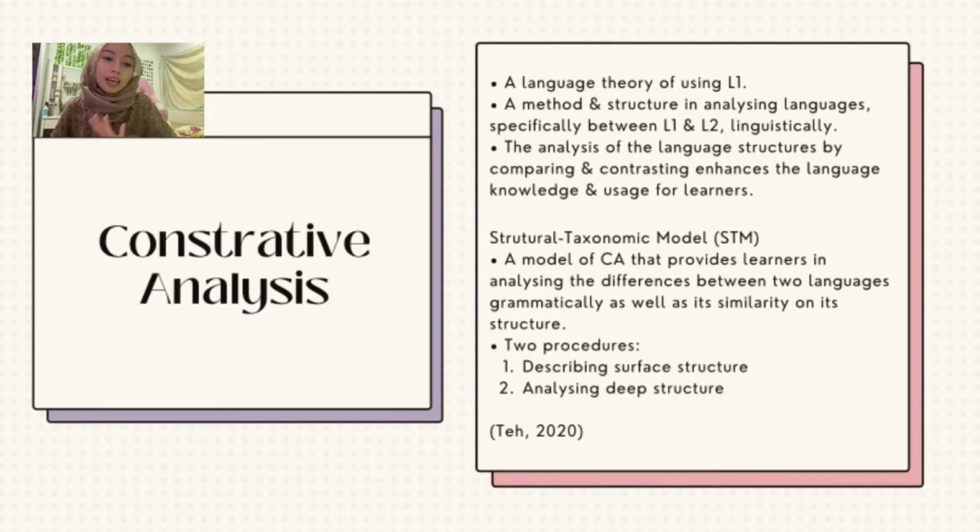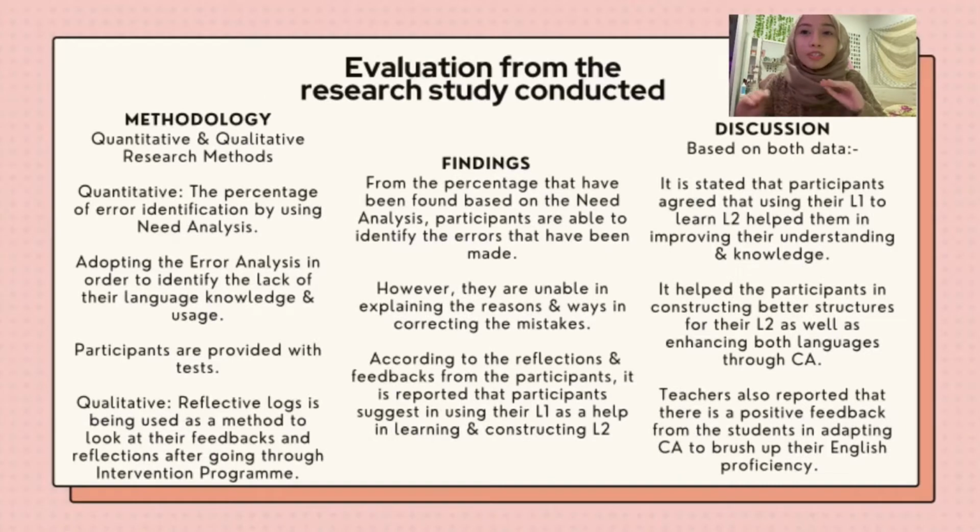Now I'm going to talk about the evaluation from the research study that has been conducted based on the article. The first part, I'm going to talk about the methodology that has been used. There are two research methods that have been used for this research study, which are quantitative and also qualitative research methods.